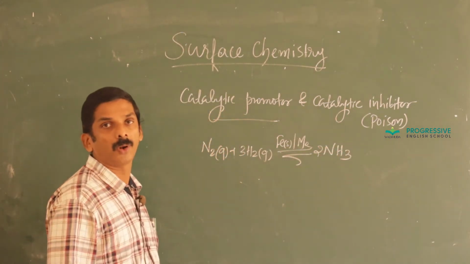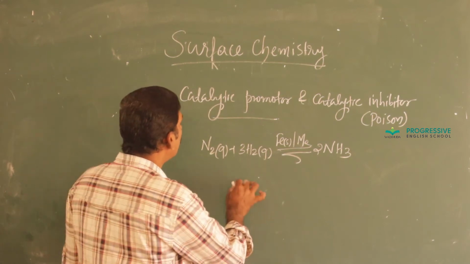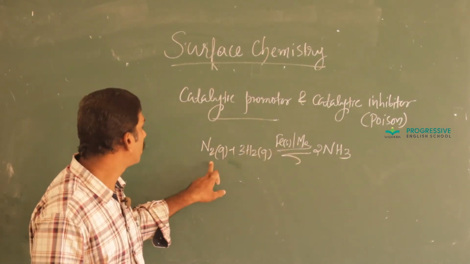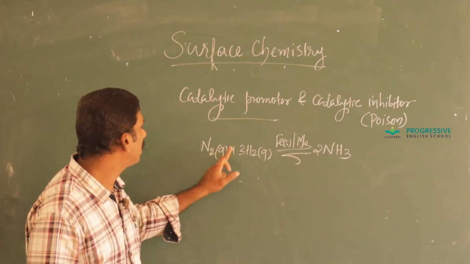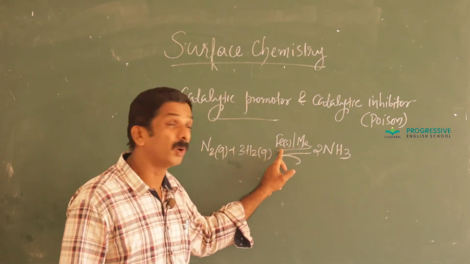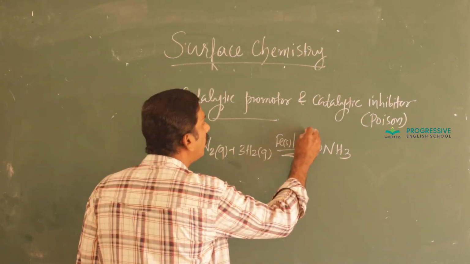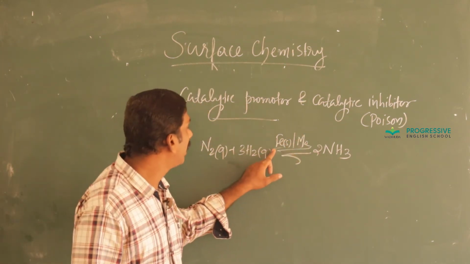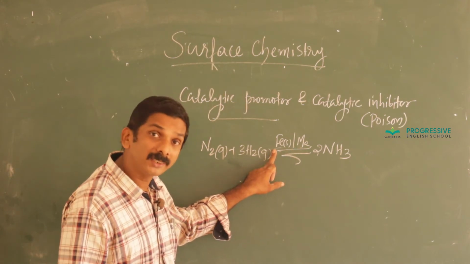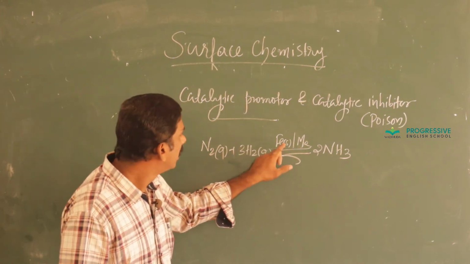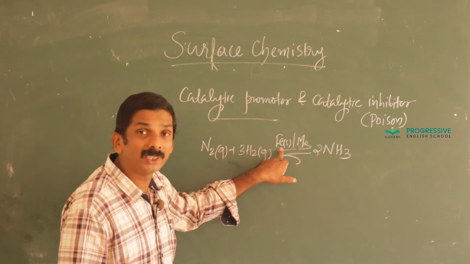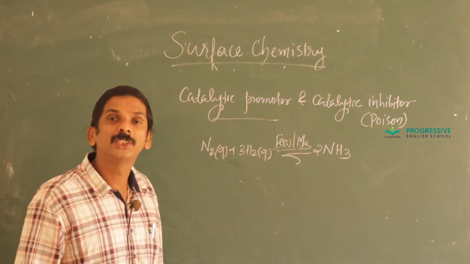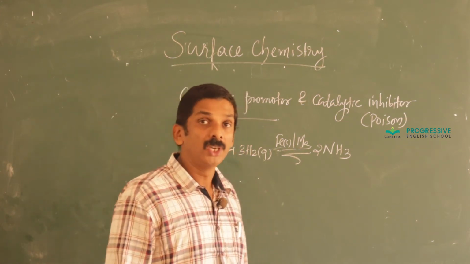This is the equation for the Haber process. Nitrogen combines with hydrogen in presence of spongy iron supported over molybdenum. Here, iron acts as a catalyst, while molybdenum associated with this iron acts as a catalytic promoter. Then what is a catalytic promoter?